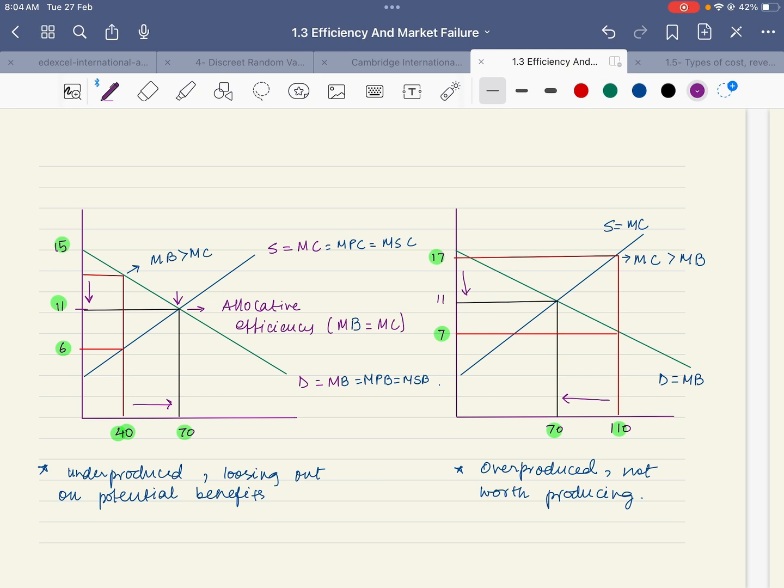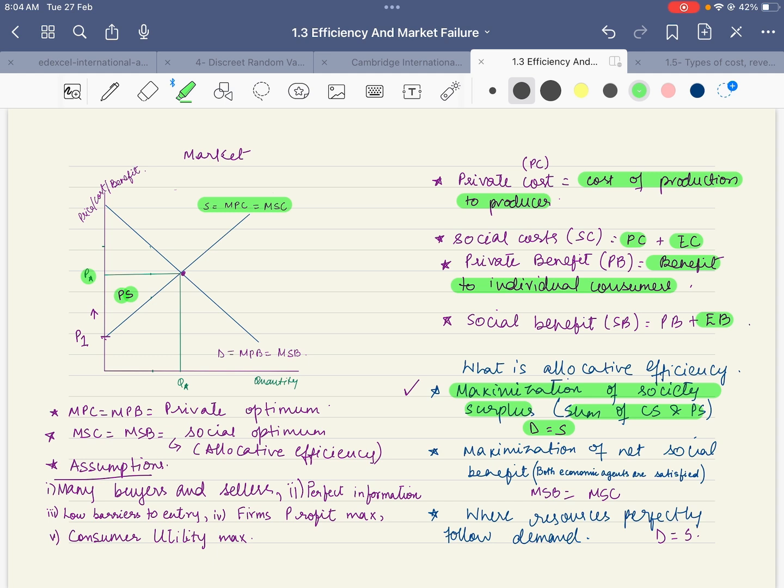By not underproducing or overproducing, but producing just the right amount, which will always be at the equilibrium point, marginal social benefit can be maximized and marginal social cost will be equal to marginal social benefit. We will be able to achieve the second condition where marginal social benefit is equal to marginal cost.